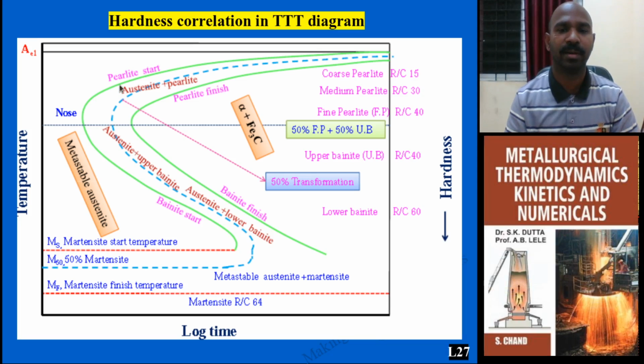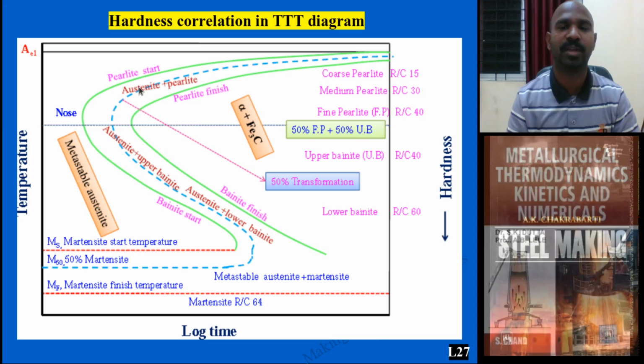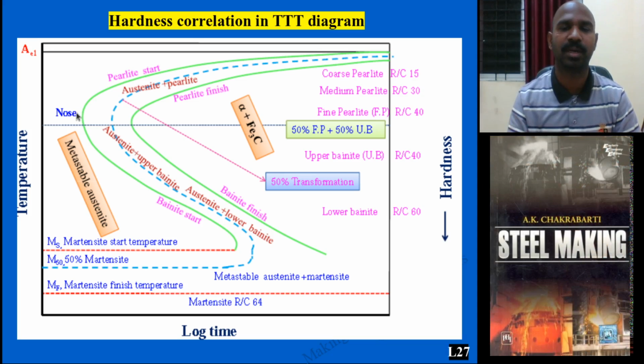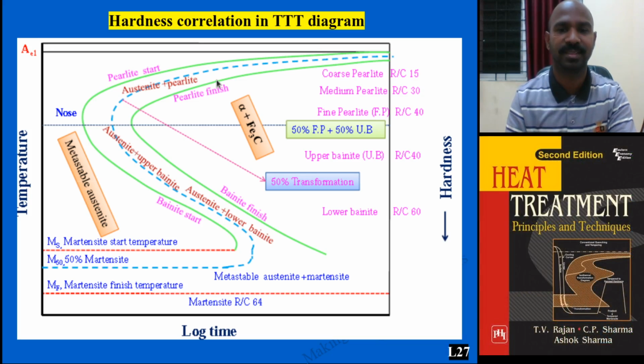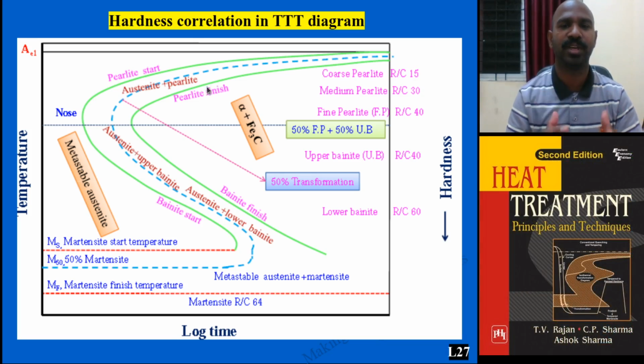And once it starts, going to this dotted line, it is a combination of the austenite, which is at the nose, and pearlite, and when it goes to this much amount of time, it is completely pearlite, no more austenite, completely transformed to pearlite.